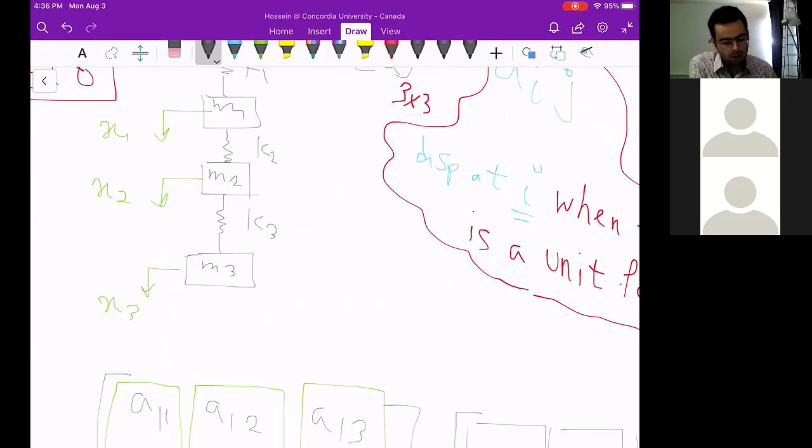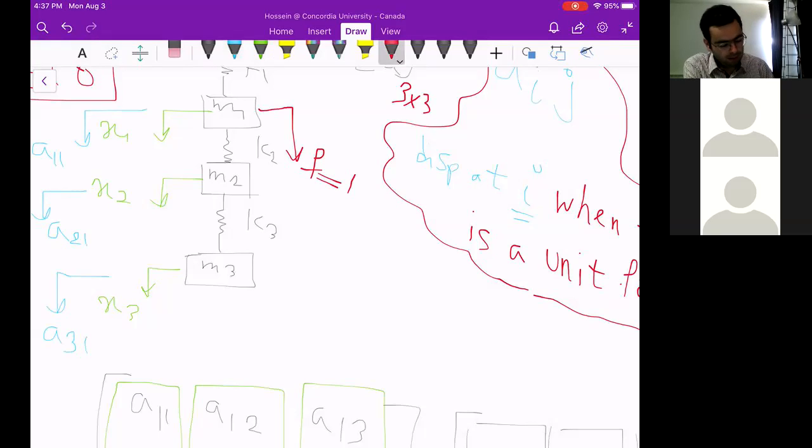When there is a unit force at 1, what is the displacement at mass 1, which is A11, and what is the displacement at mass 2? It means A21, displacement at mass 2 when there is a unit force at mass 1, and displacement A31. So in this case, we are assuming that F3 is 0.